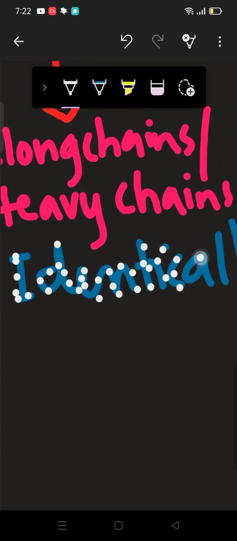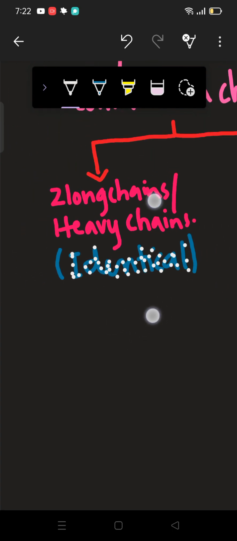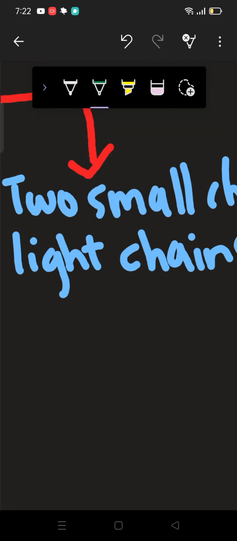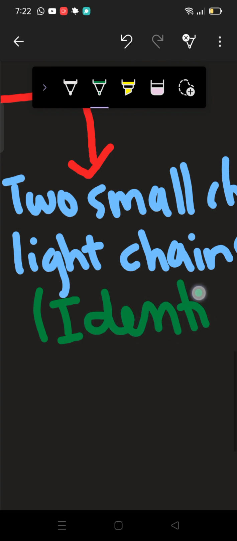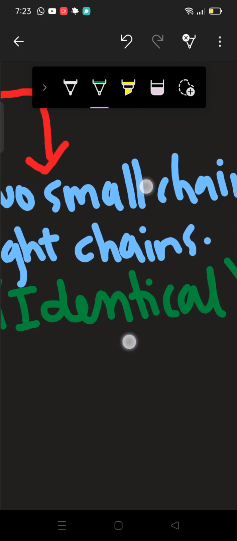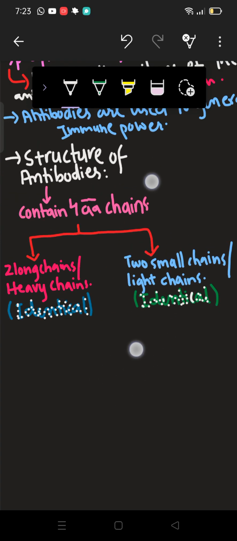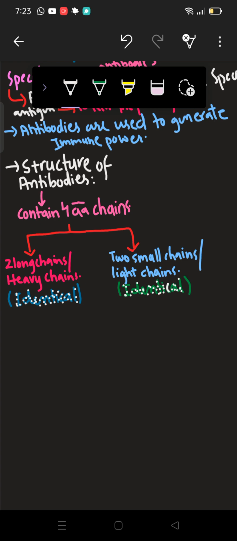And these 2 light chains would be identical to each other as well. So here we have 2 long chains, also known as heavy chains, and 2 small chains, also known as light chains.